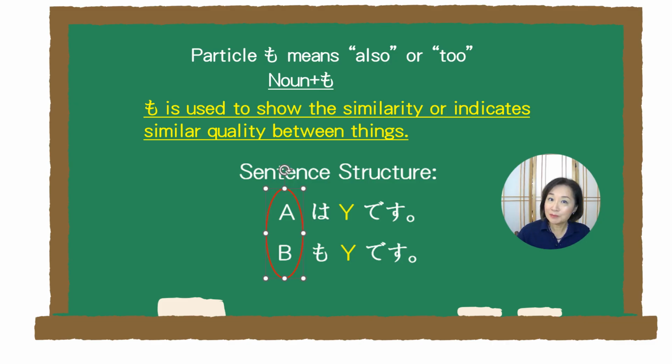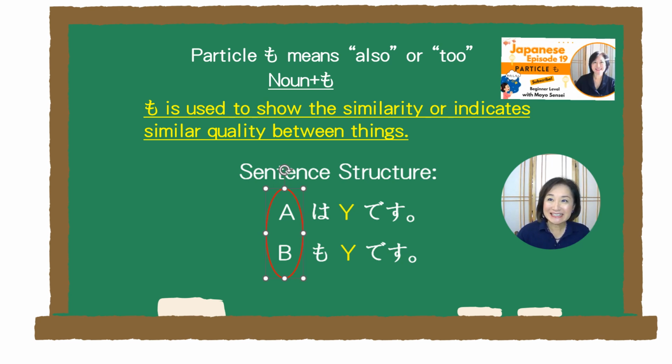The particle mo means also or too in English. And in episode 19, we learned how mo is used with nouns to show similarities or shared property or shared characteristics.